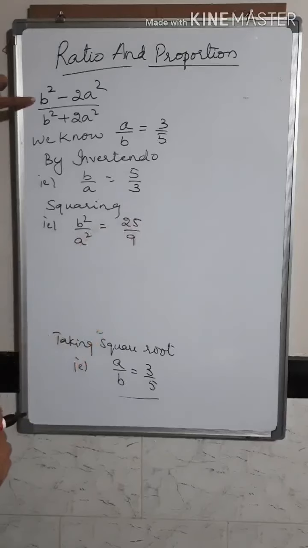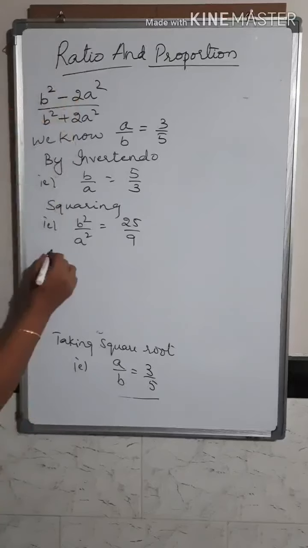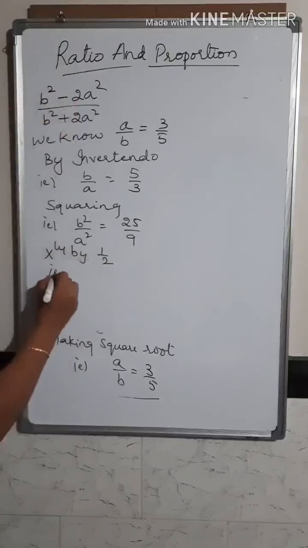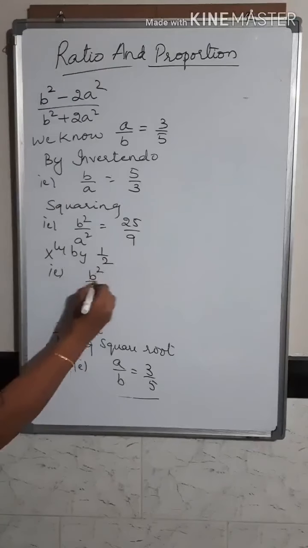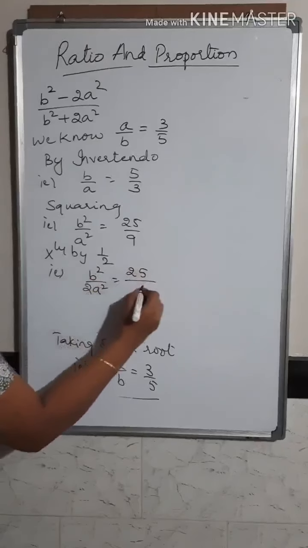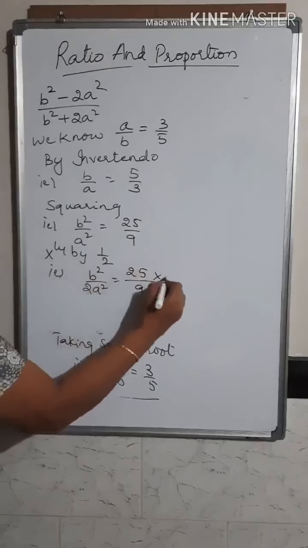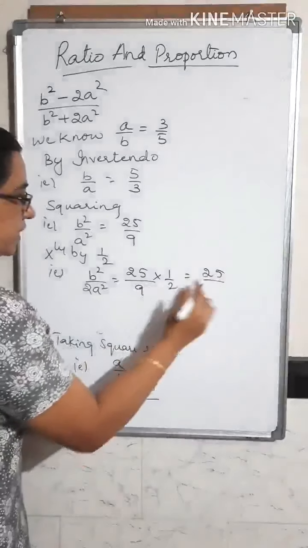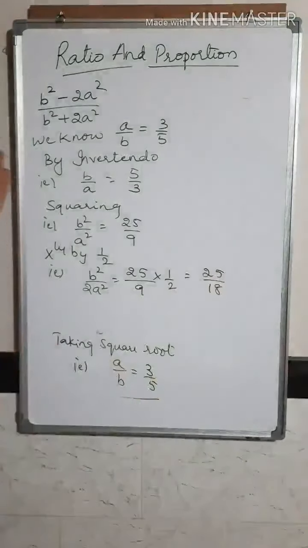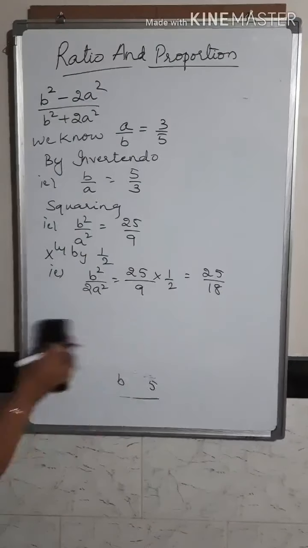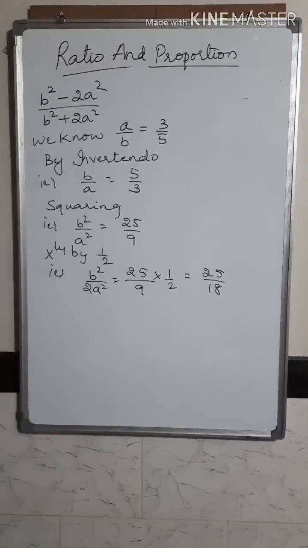Now the coefficient of b square is 1 itself, but the coefficient of a square is 2. So multiply by 1 upon 2. So what you get? b square upon 2a square is equal to 25 upon 9 into 1 upon 2, which is equal to 25 upon 18. Now to get the given problem, use the property of componendo dividendo.